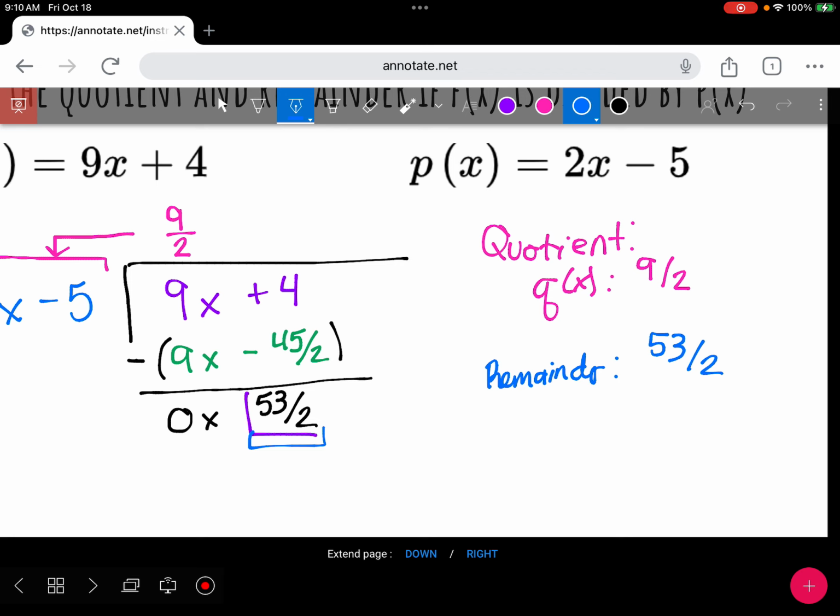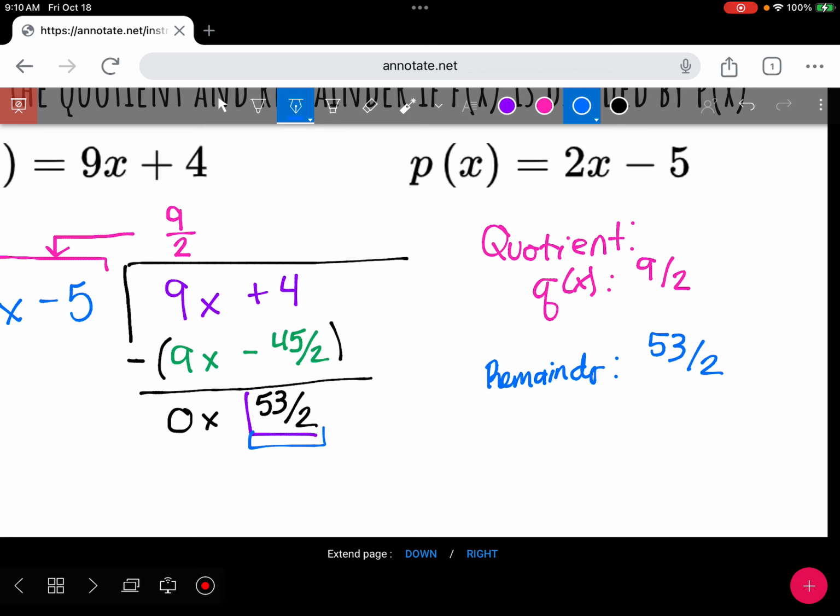And if you want to double check yourself, we can use that equation that was in the middle of our definition, where we have f of x equals q of x times p of x plus r of x.